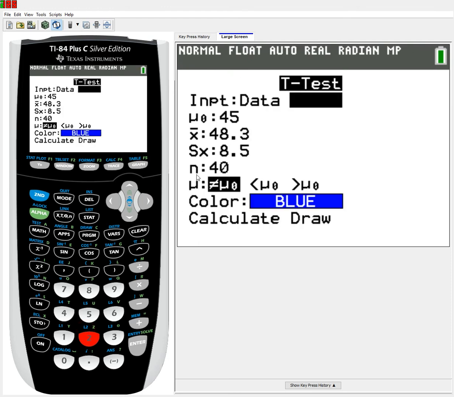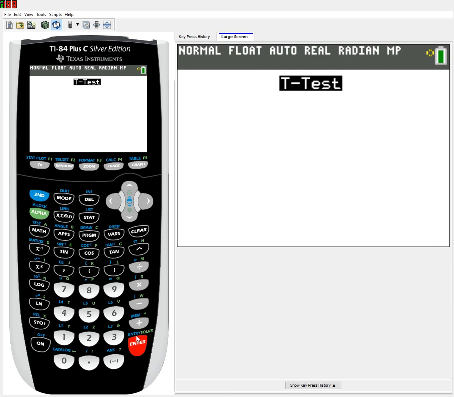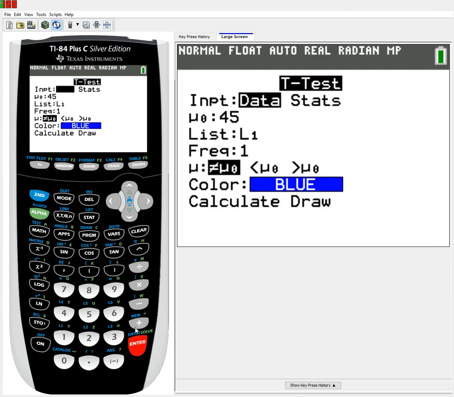Okay. In this case, we have our data, because I have the data in the list. And again, I don't want to go separately find the mean and standard deviation when this will already take care of that. I want to see if the information that I have in that list is enough evidence to claim that the mean is bigger than 150. So my null hypothesis is that it's equal to 150, and I want to see if the information that I have shows that it's actually greater than that value.